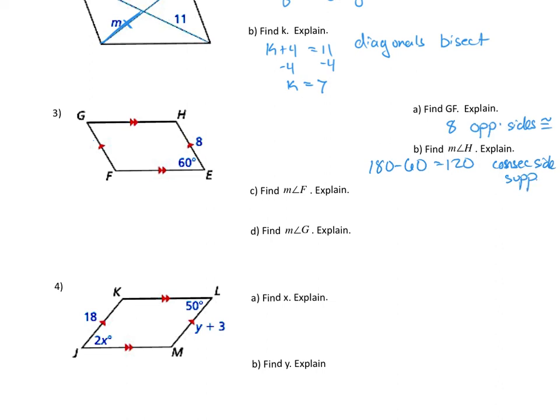C, find the measure of F. Well, this one I already found to be 120. F is 120 because opposite angles are congruent. Find the measure of angle G. Well, that has to be 60 because opposites. Once we find two angles, everything kind of falls into place.